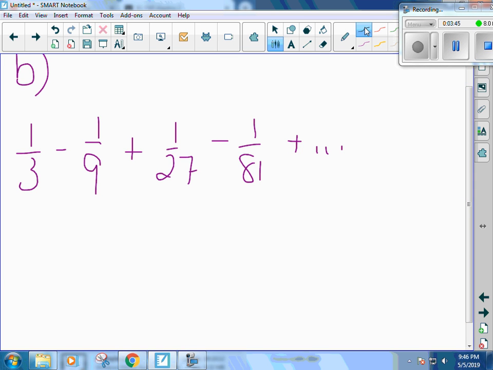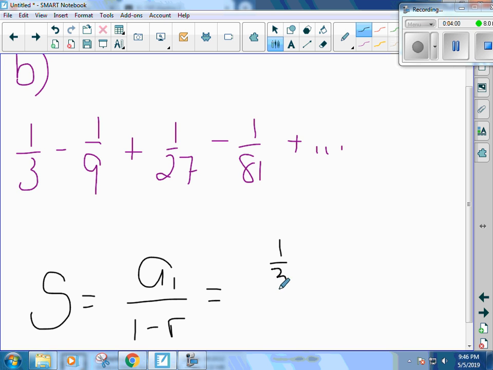The formula for infinite series, all I need is the first term divided by 1 minus the ratio. First term is 1/3. My ratio, if you don't know right away, take the second divided by the first. So the second term is negative.